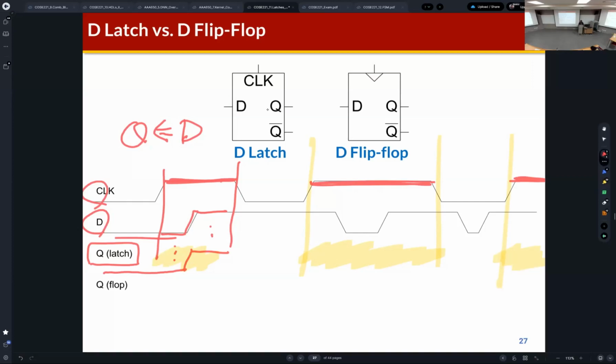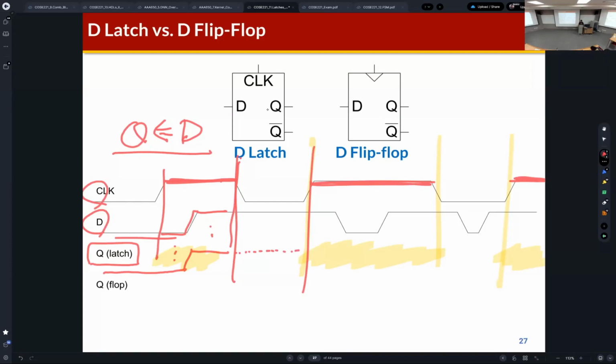Q is D, transferred to the output Q only during this period. Okay, this period and this period and this period. During this period, Q is just maintained.